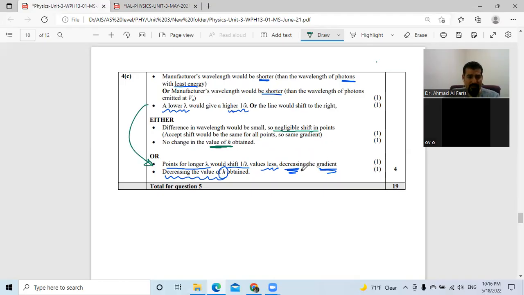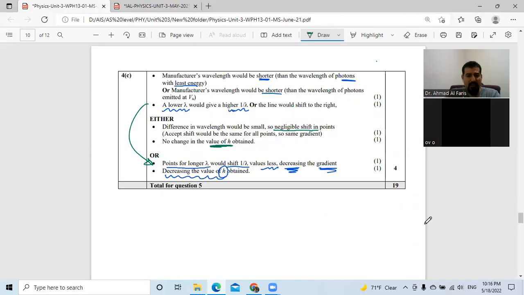Now, in the beginning here, the manufacturer wavelength will be shorter, since the photons have least frequency, least energy to get out. Why least energy? Let me tell you.